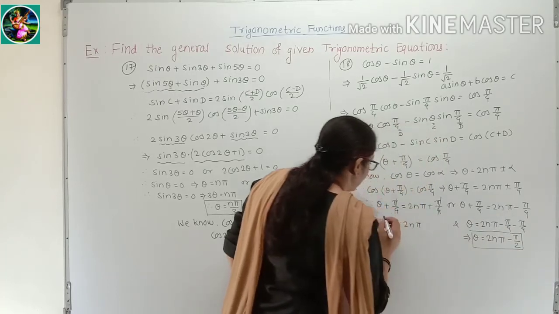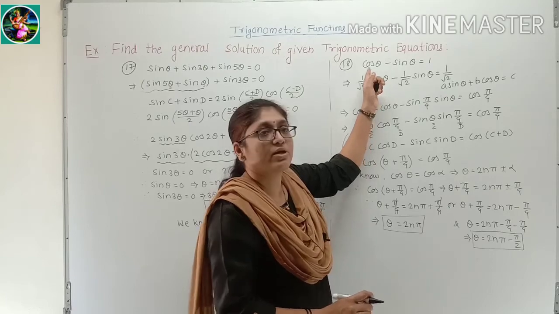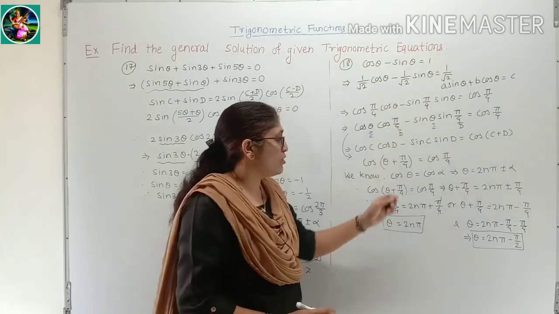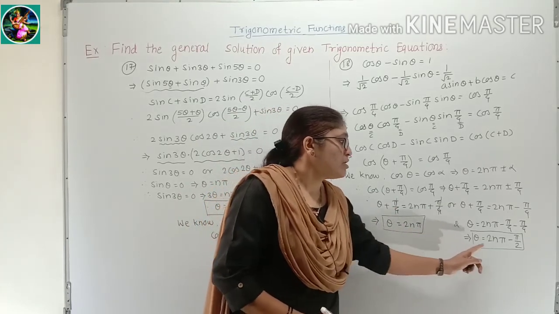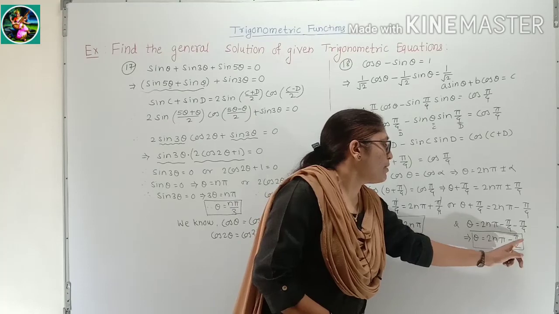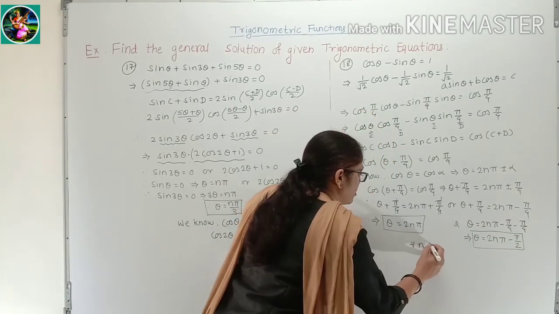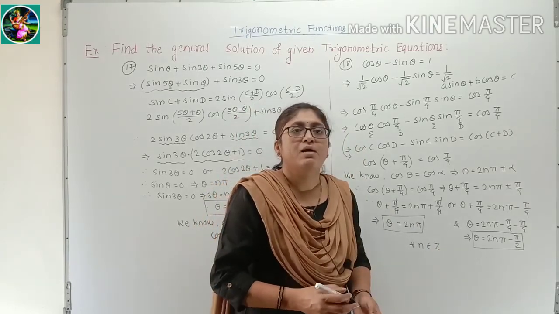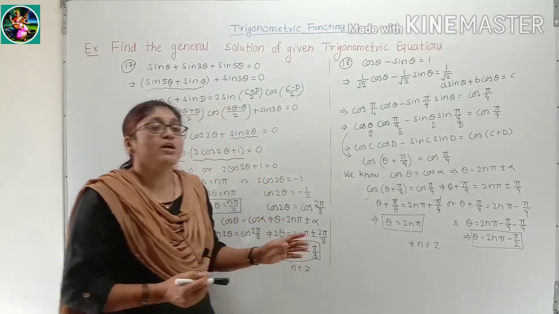Therefore, in that way, we get the solution for the given trigonometric equation cos theta minus sin theta is equal to 1: theta is equal to 2n pi or theta is equal to 2n pi minus pi by 2 for all n belongs to Z. In that way, we have taken some examples on general solution of given trigonometric equations.